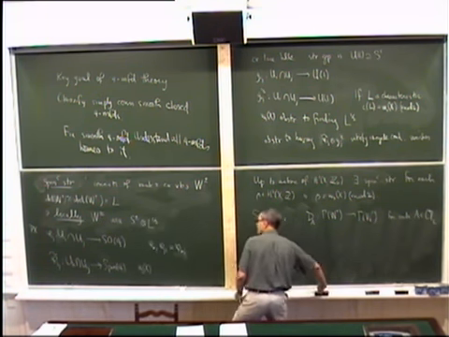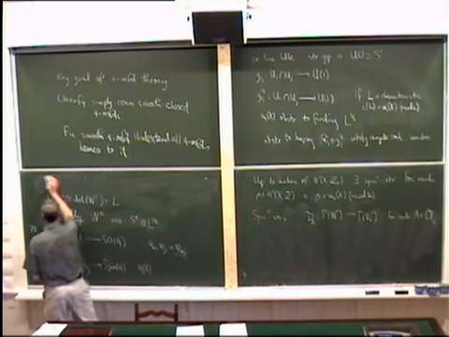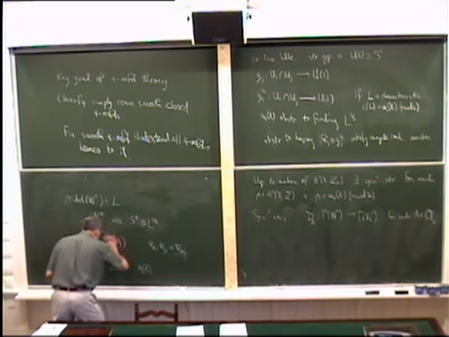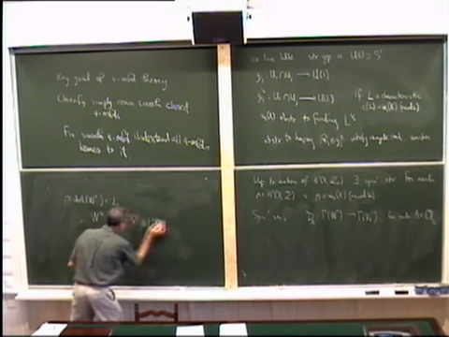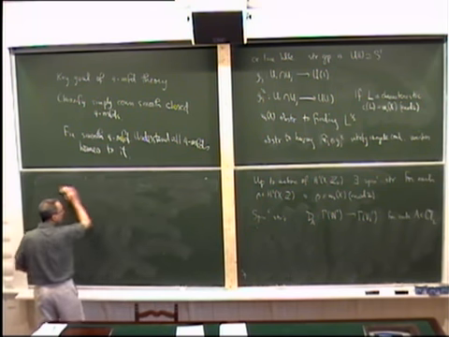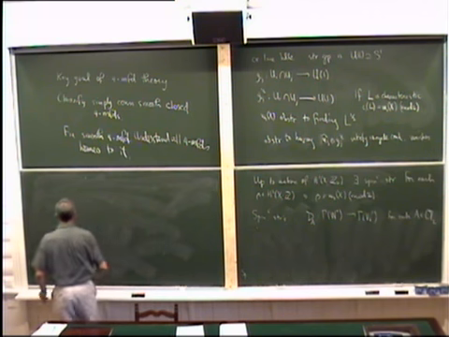Okay. So given a four-manifold and a spin C structure, you can write down equations.